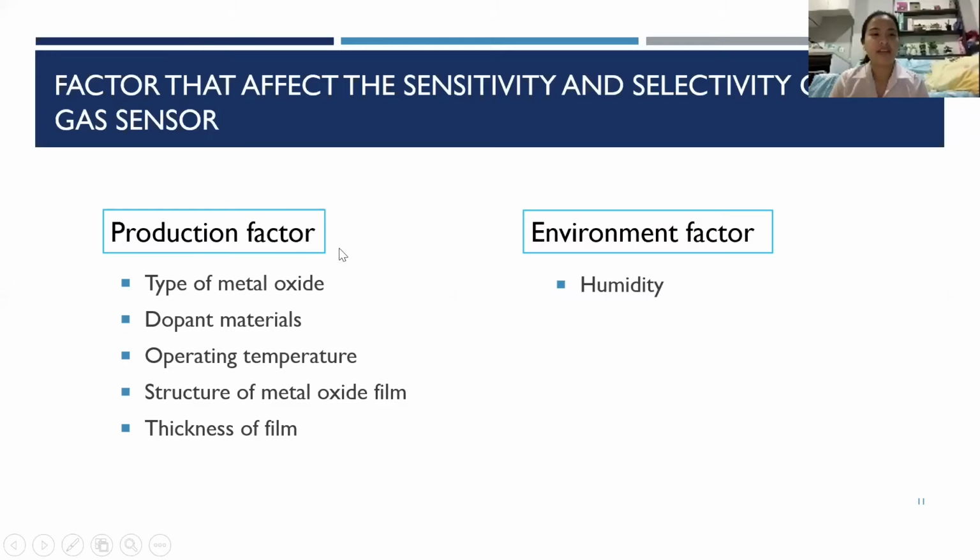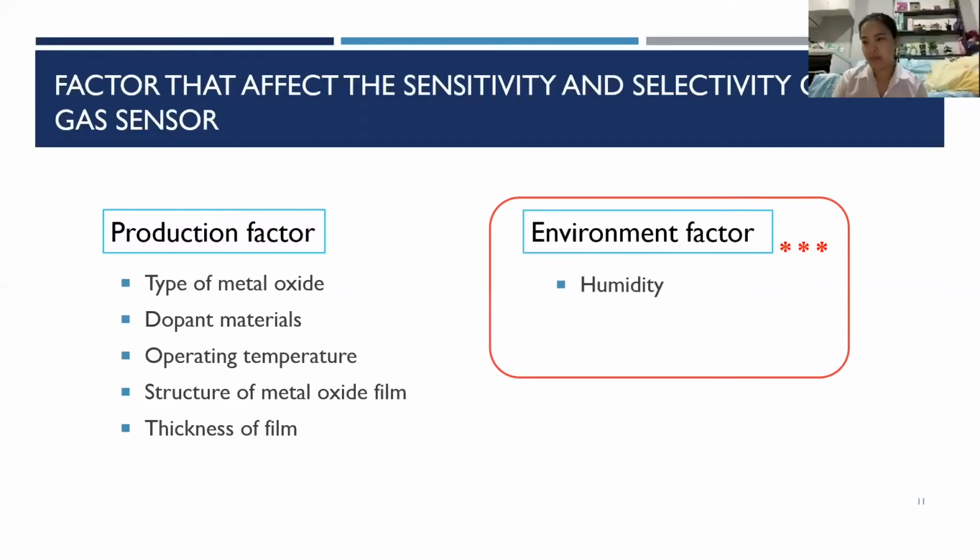The production factors are the type of metal oxide used to produce the gas sensor, the dopant material, the operating temperature, or the temperature of the heater, and the structure and thickness of the metal oxide film. The environment factor is the humidity in the environment. In my work, I will be focusing on humidity, and how humidity affects the sensor.